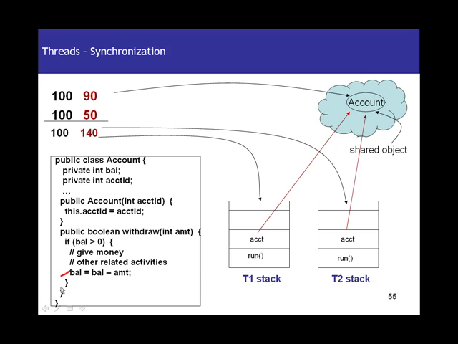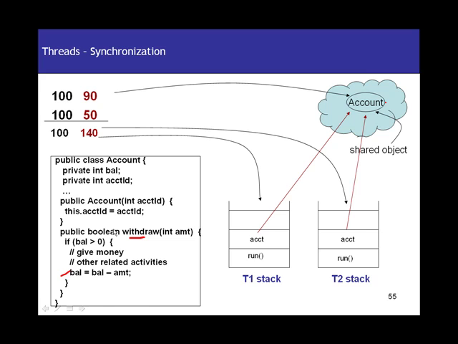So in my example earlier, once T1 enters the withdraw method which is synchronized, T2 will not be able to enter the withdraw method unless T1 exits out of that method. So what will happen with the synchronized keyword in place is T1 is going to enter here, check if balance is greater than 0 and all this stuff happens, and till the time T1 exits the withdraw method, T2 will not be able to enter this.